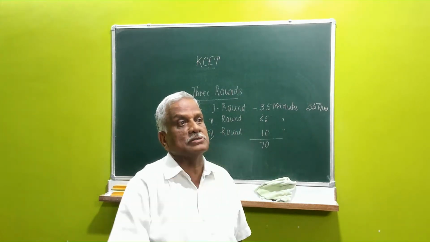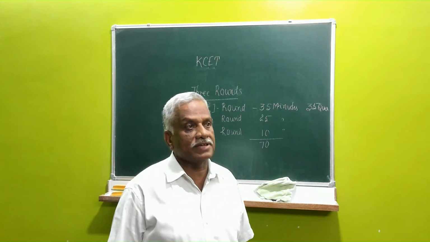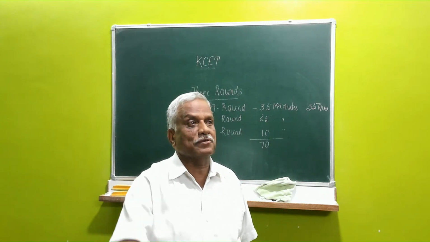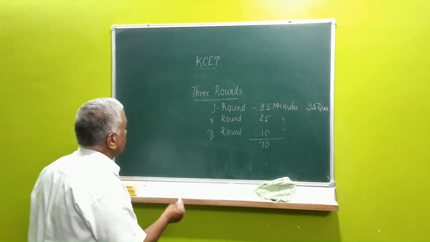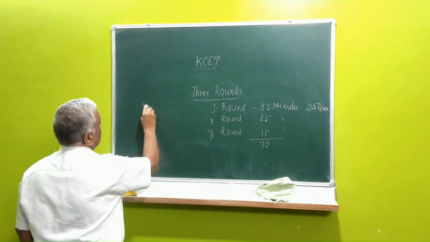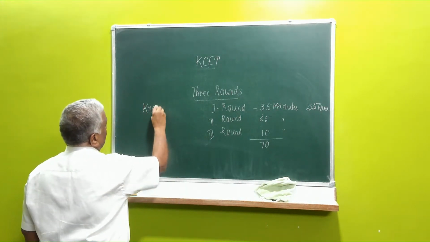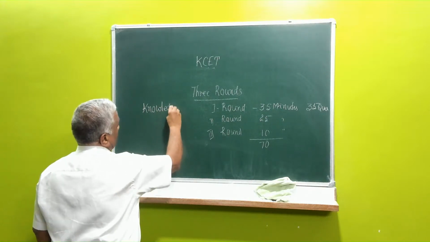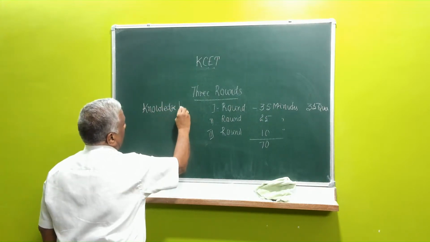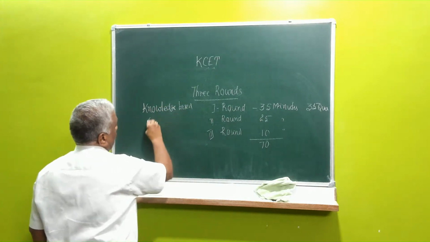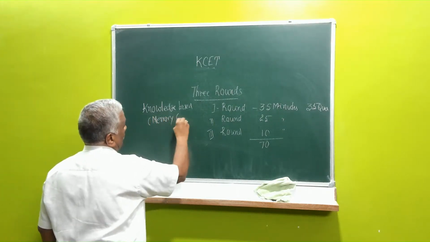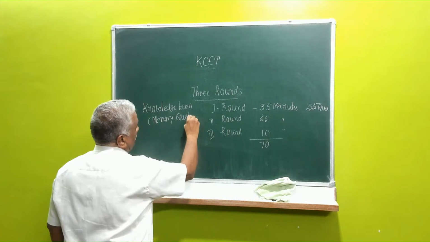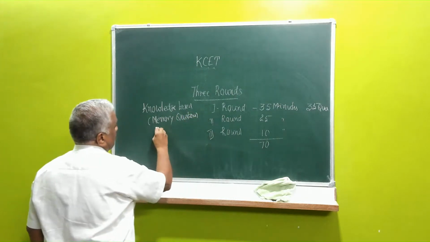Even in questions also, I would rather say there are three types of questions. The first type of questions is knowledge-based questions, or you can say memory questions, or skill questions.